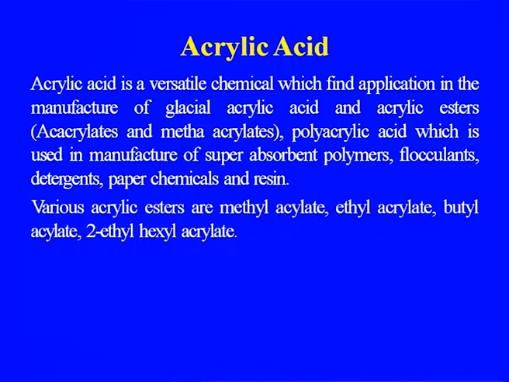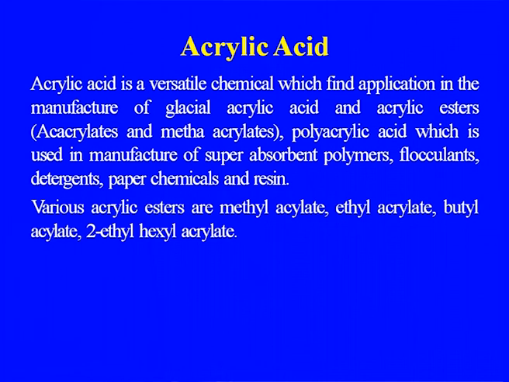Another important outlet for the propylene is the acrylic acid, which is used for the acrylates that we are making from the acrylic acid. So that is one of the very important products of the propylene. The acrylic acid is a versatile chemical which finds application in the manufacture of glacial acrylic acid and acrylic esters, acrylates and the methacrylates.